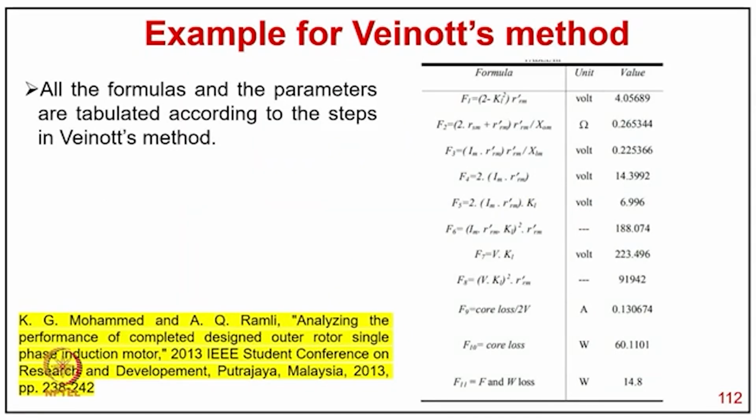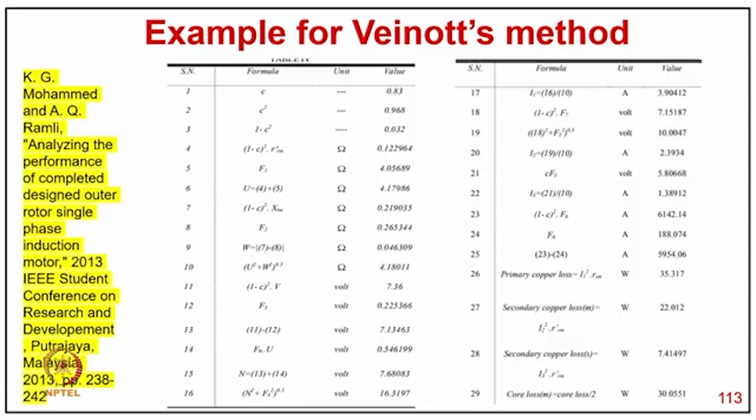All the formulas are tabulated according to the V-nut calculation. These formulas are used for calculating different performance parameters, such as core loss component or core loss and friction and windage losses.